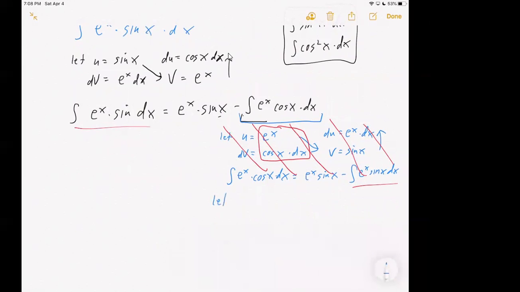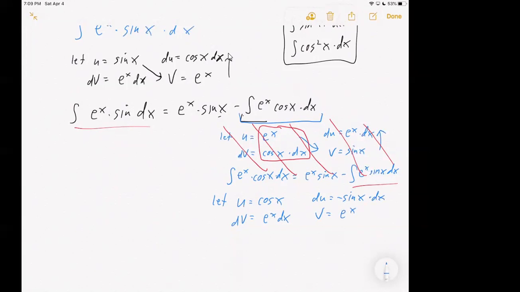So what I needed to do was say let u equal cosine x, and dv is equal to e to the x dx again. All right. And so while I would prefer integrating cosine x, I have to differentiate it to do that. I have to do the same thing twice. So v will equal e to the x.